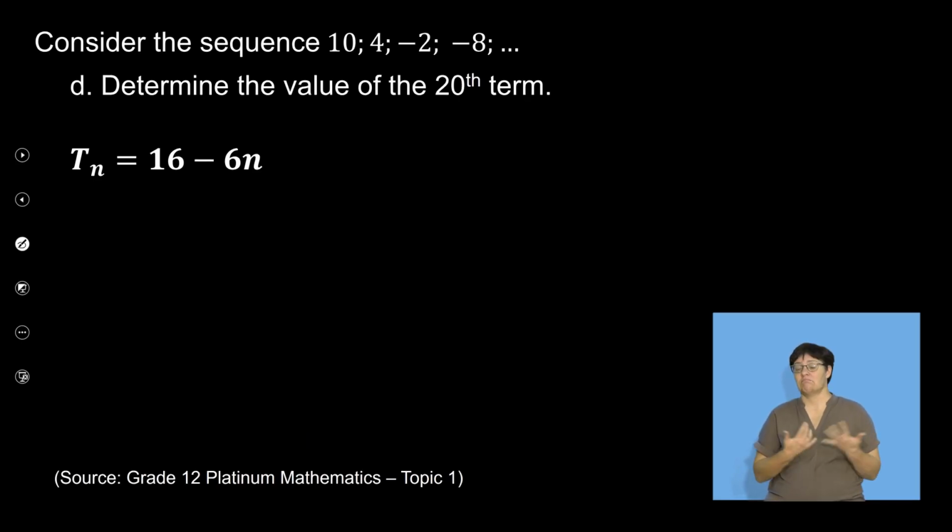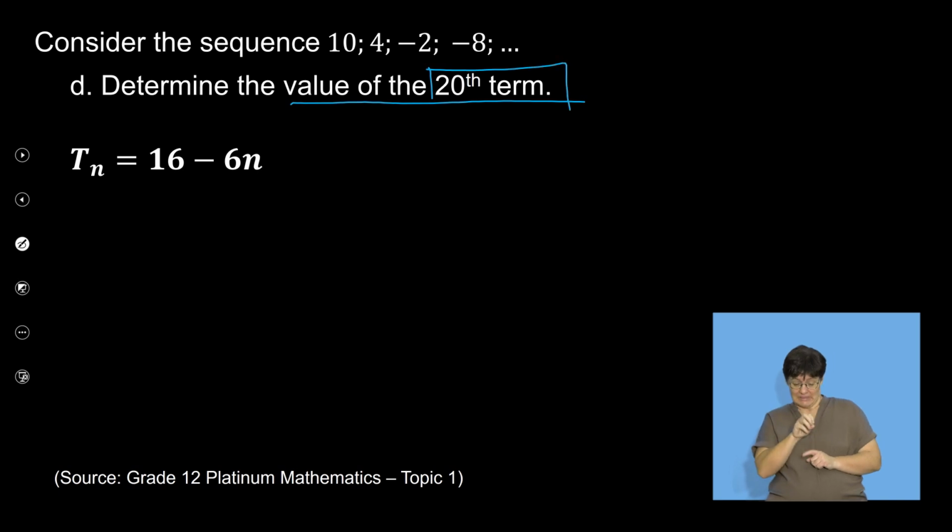We have been asked to determine the value of the 20th term. We are asked for the 20th term, not which term is equal to 20. So 20 is my n value that I am going to substitute in.